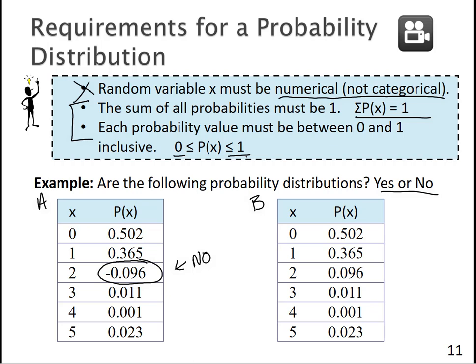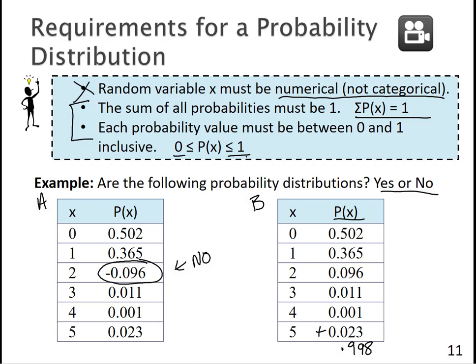So we're good on the second requirement. Let's move on to that other requirement, the sum of all probabilities equal to 1. So what I'm going to do is sum up all the values in my P of X column, and I'm just going to plug each of those in my calculator. I'm not going to read them out. Again, pause the video if you need to go read your table. And when I do that, my calculator gives me 0.998.